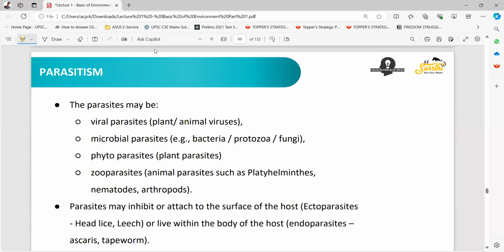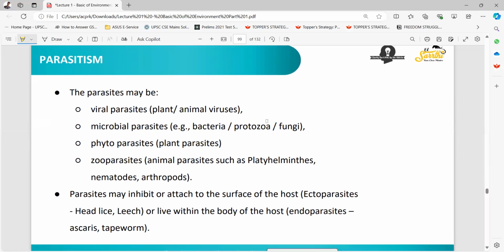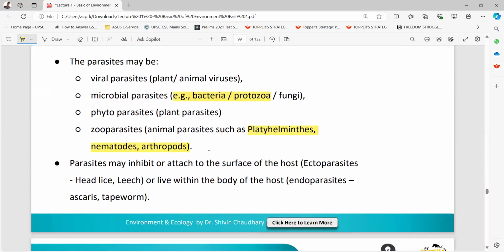Parasitism. The parasites may be viral parasites such as plant and animal viruses, microbial parasites, for example bacteria, protozoa, and fungi. Phytoparasites, such as plant parasites. Zooparasites, such as animal parasites, such as platyhelminthes, nematodes, and arthropods.